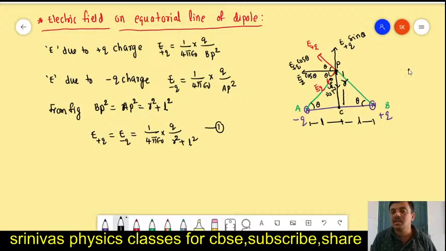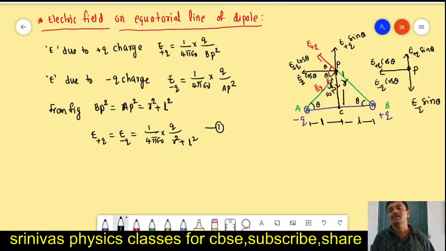What happens here? E plus Q sin theta is upward. E minus Q sin theta is downward. They will cancel with each other. And E plus Q cos theta is left side, E minus Q cos theta is also left side at point P. If you see this point P diagram, we are drawing it here. These two will be cancelled, E plus Q sin theta and E minus Q sin theta, because they are in opposite directions. Because they are in opposite directions, they will cancel with each other.